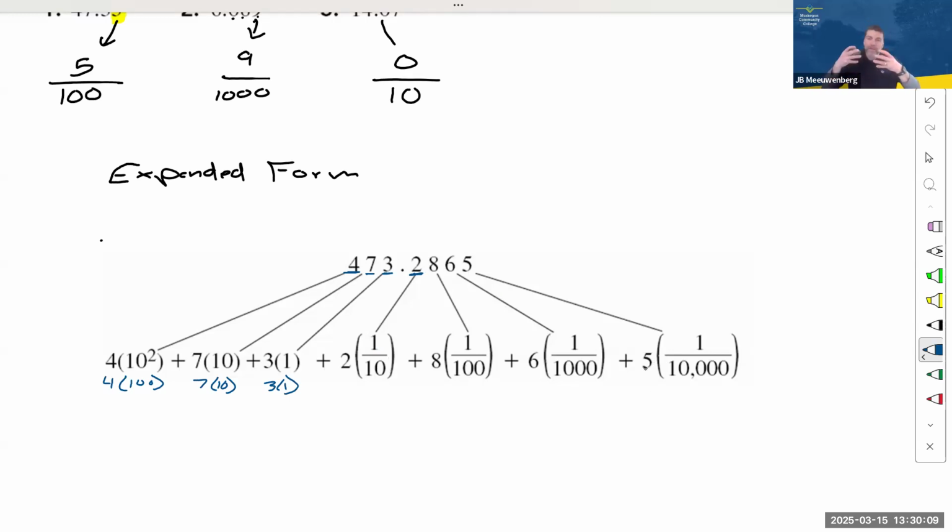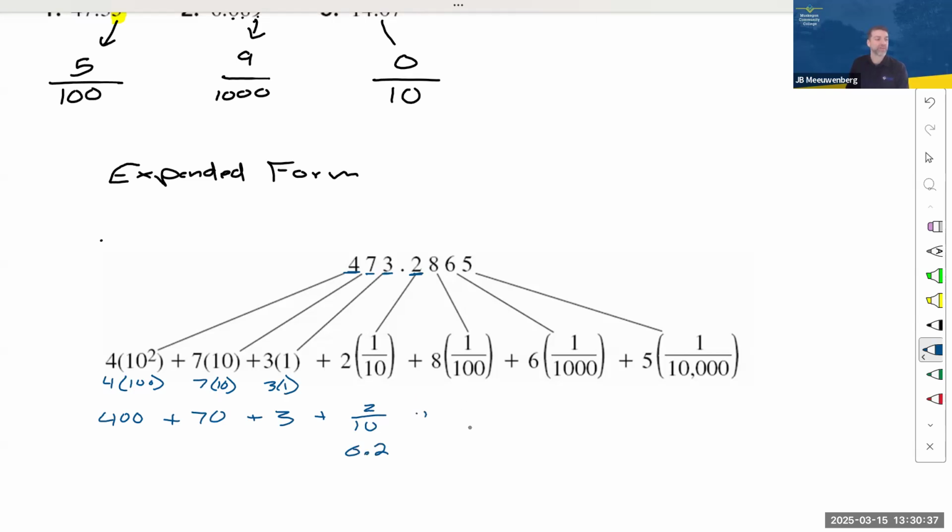We can also then even do a little bit of those calculations, because this can be helpful as well. This 4 is worth 400 if you actually do the multiplication. Plus the 7 really has a value of 70. The 3 has a value of 3. That 2 has a value of 2 tenths, or as a decimal, 0.2.